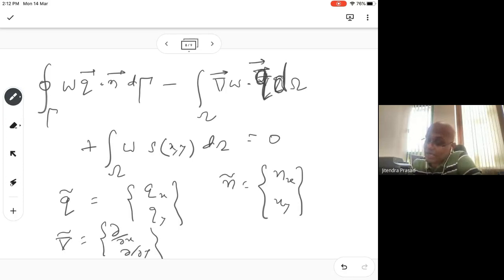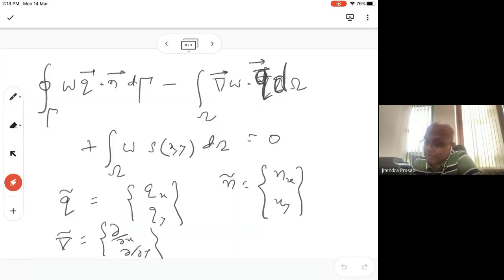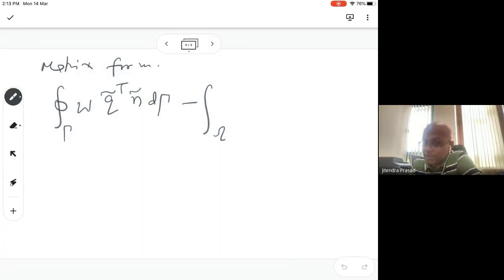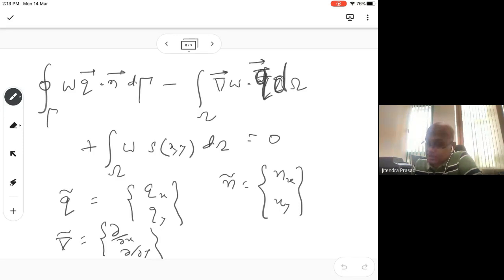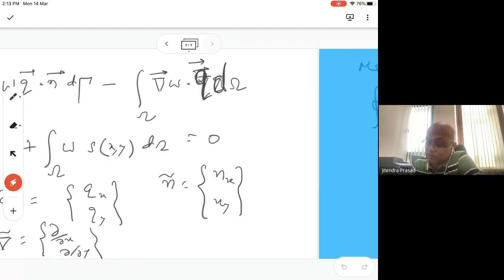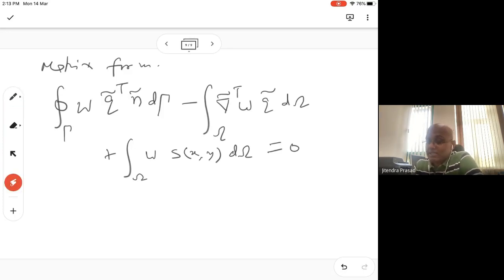So we can write accordingly: this minus the integral over omega of gradient of W, which will be del transpose of W, multiplied by Q tilde, d omega, plus simply the integral of W and S(x, y) d omega equal to zero. So in matrix form also you can write it this way.